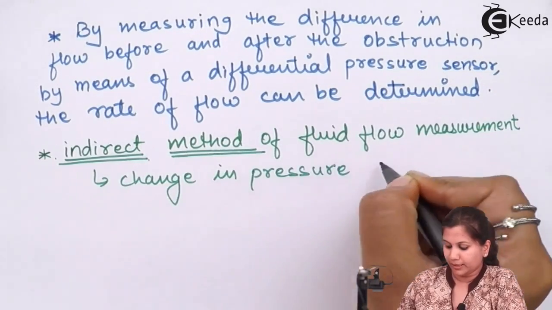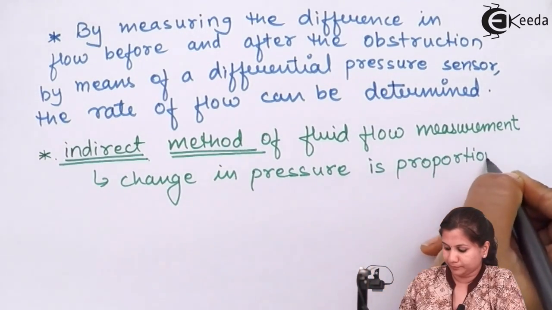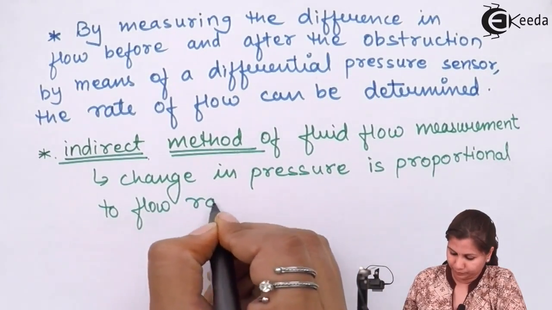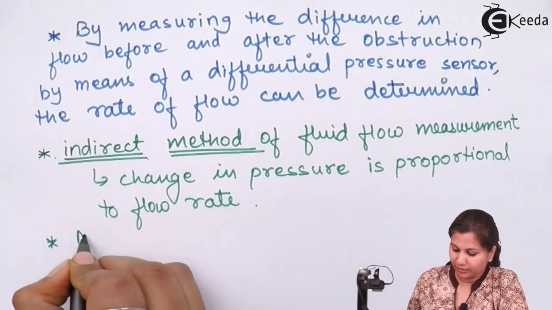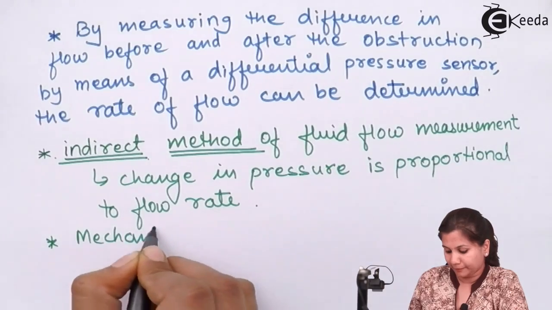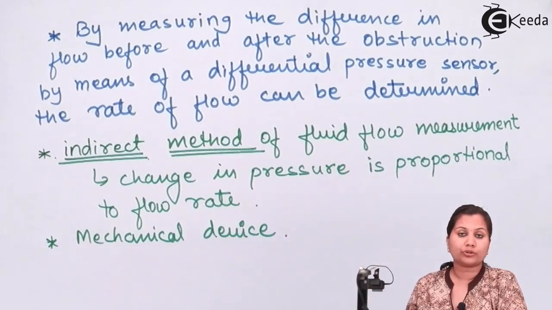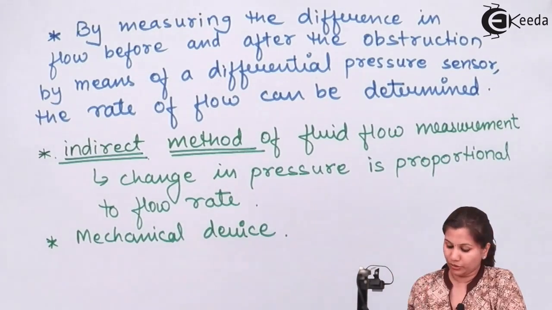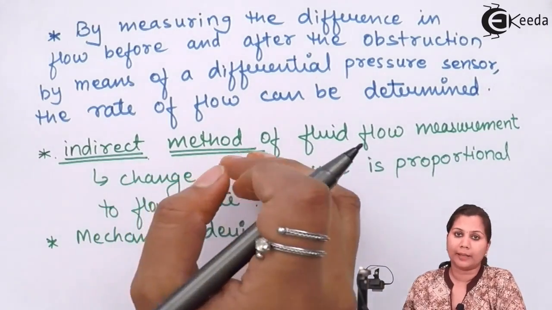Change in pressure is proportional to the flow rate. Also, it is a mechanical device. The construction of this device is such that it acts as an obstacle in the path of the fluid, so it uses a mechanical means for the measurement and also an indirect method.